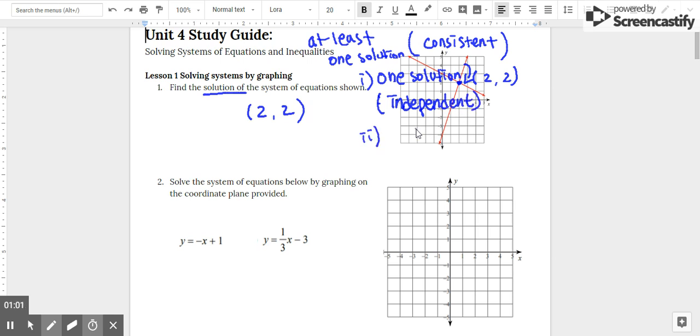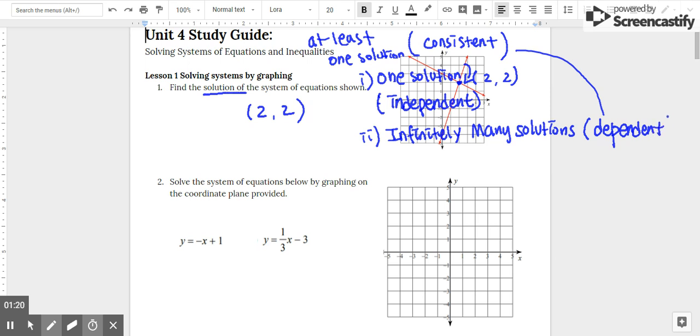If we have infinitely many solutions, then it's called dependent. If there's only one solution, it's consistent and independent. So you have to put both.